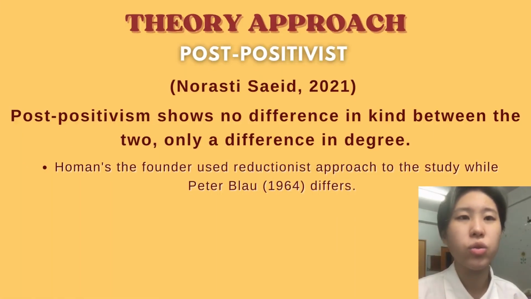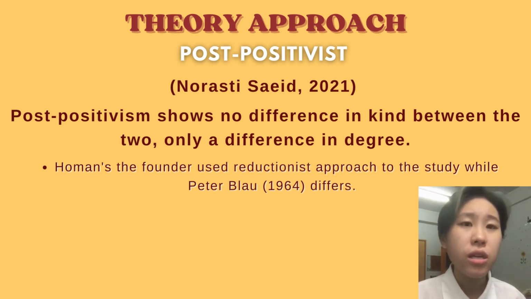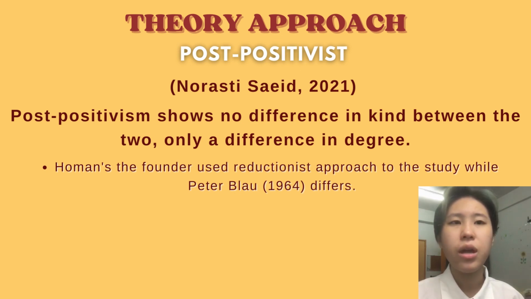Now let's move on to the theory approach. For this social exchange theory, I believe it falls into the post-positivist perspective. According to Nora's site in 2021, post-positivism shows no difference in the kind between the two. The only difference is the degree.